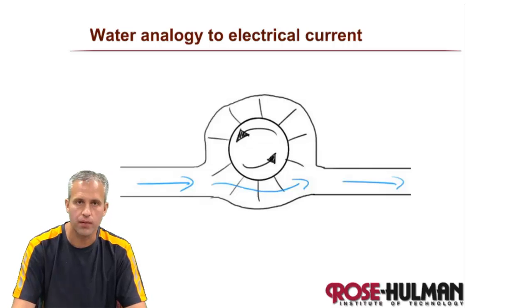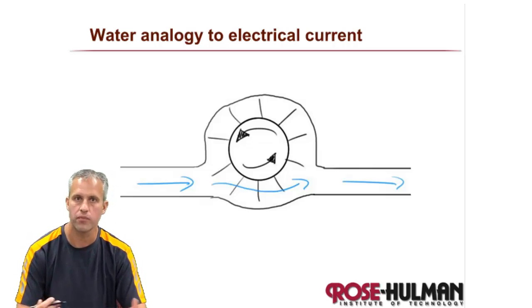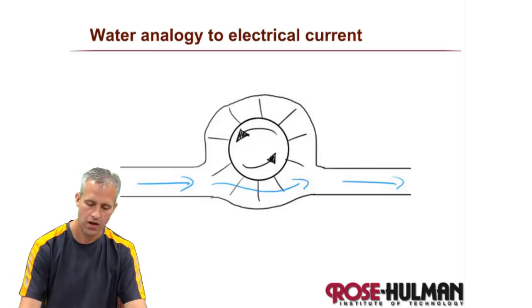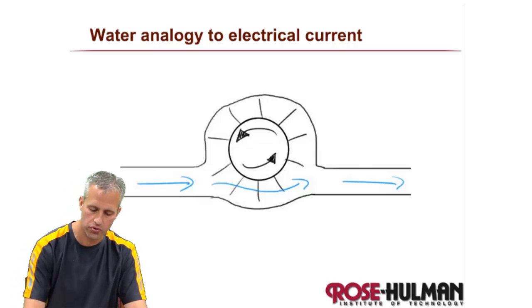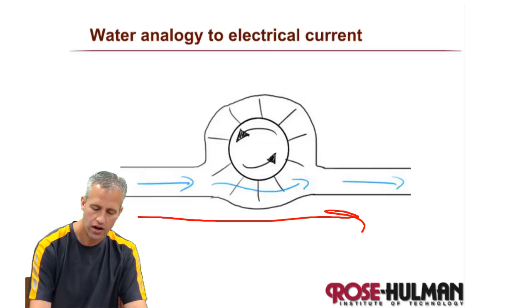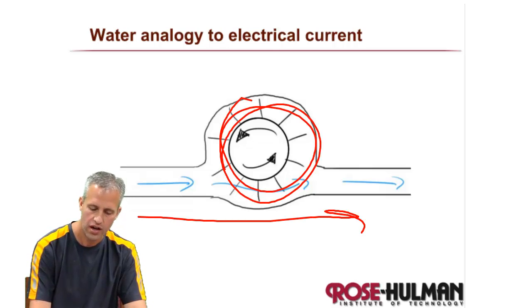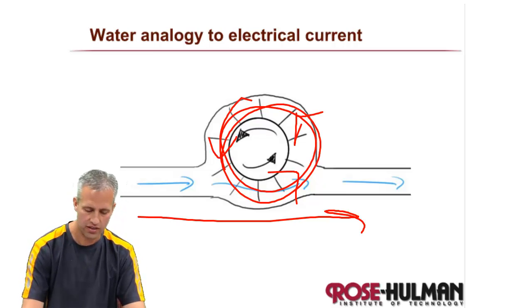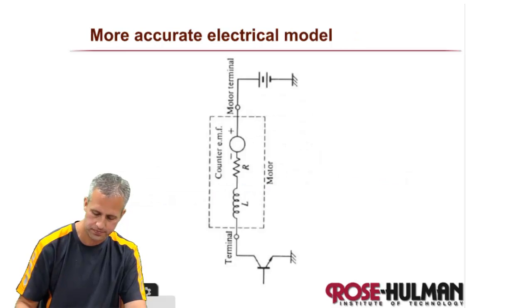Essentially, it's like a paddle wheel that has inertia and momentum. If current is flowing through a wire and there's an inductor on it, it takes a while to get going, but once it gets going, it wants to stay going. That's the idea of what an inductor is all about.